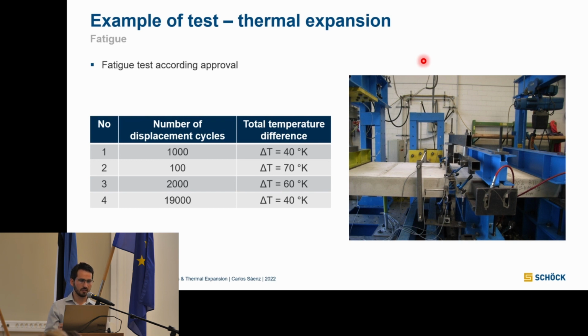If you want the certification for the ATA, we need to follow the requirements of this document called AAD. For the system, it gives you how many cycles you need to fulfill in a different range of temperature. So we do over 20,000 cycles for that.